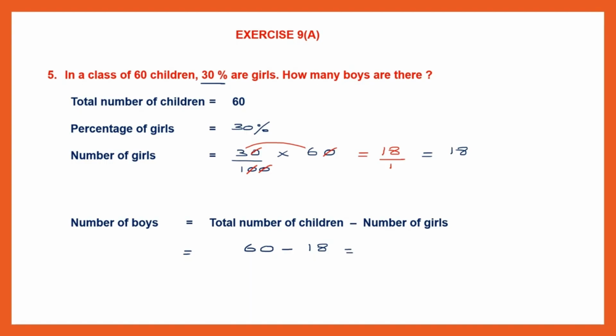So let's minus this. 60 minus 18. Now here borrow. 10 minus 8 is 2. 5 minus 1 is 4. So we have 42. So what have we found? We have found the number of boys, and the number of boys is 42. So this is our answer. Number of boys is 42.